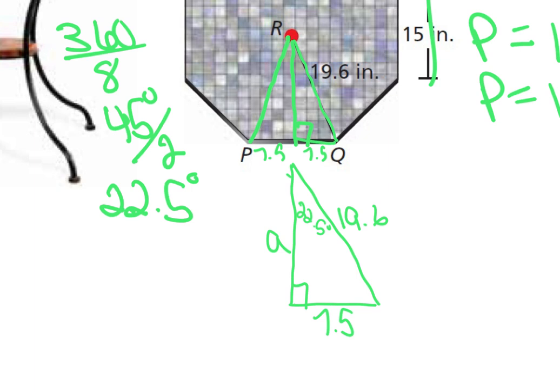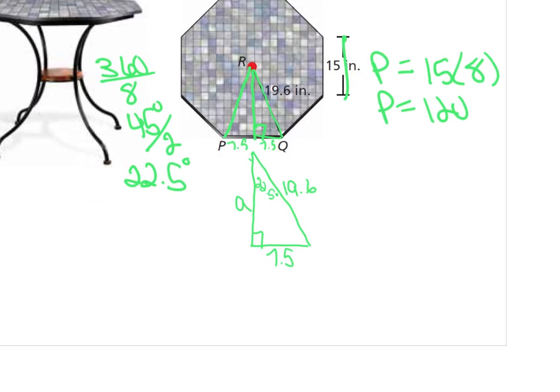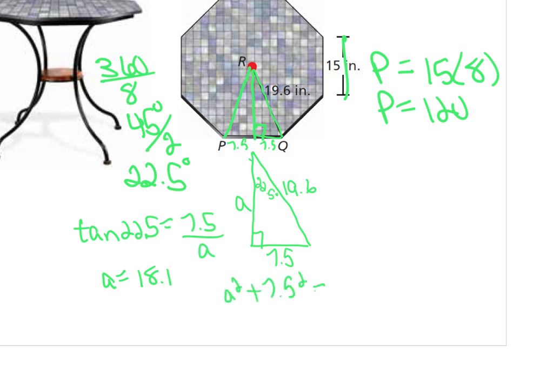I could use trig. We could do it both ways and show you that you get the same answer either way. So you could do that the tangent of 22.5 is 7.5 over your apothem, which again, 7.5 divided by tangent of 22.5 gives you an apothem of 18.1. Or if you wanted to do Pythagorean theorem, you could also do a squared plus 7.5 squared equals 19.6 squared.